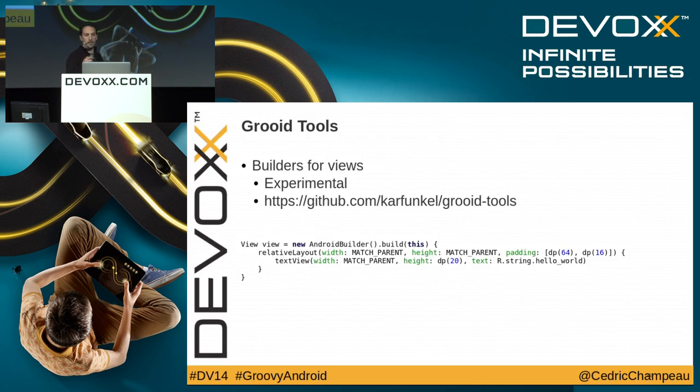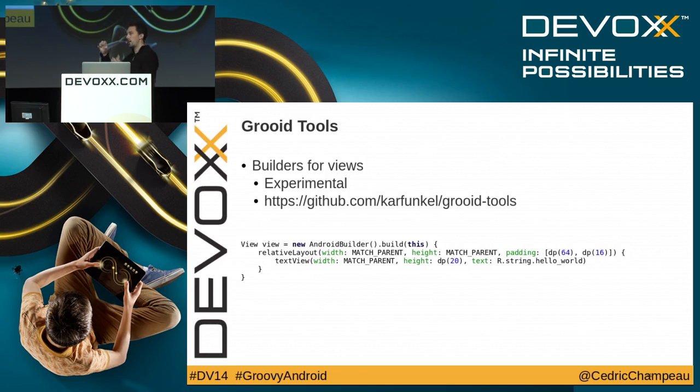Another example of APIs is the Druid tools. Druid is the name of the Groovy for Android project, and Druid tools tries to bring the goodness of builders for the UI inside Android. In Groovy, builders are at the core of a lot of APIs.